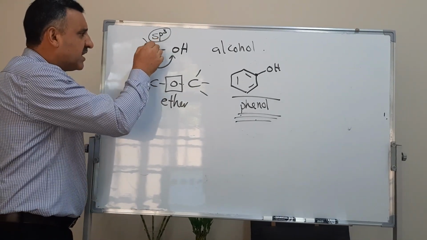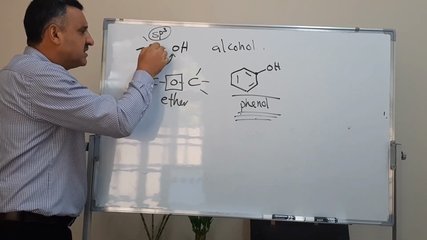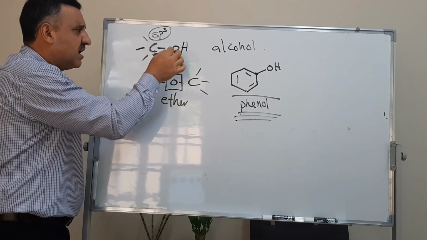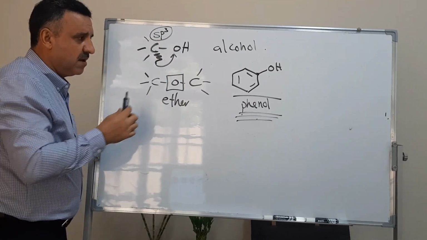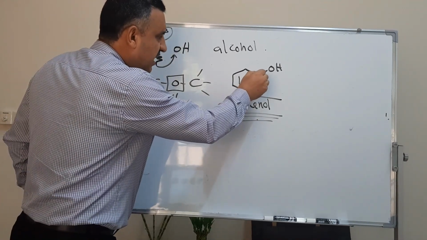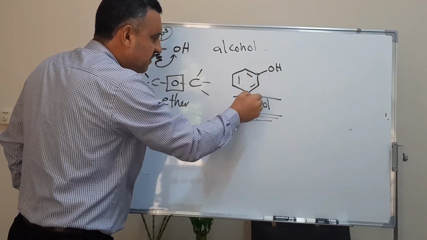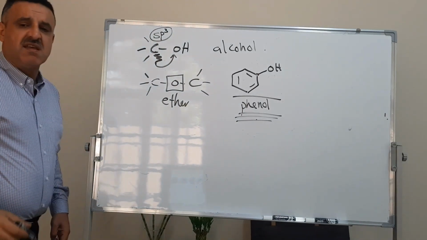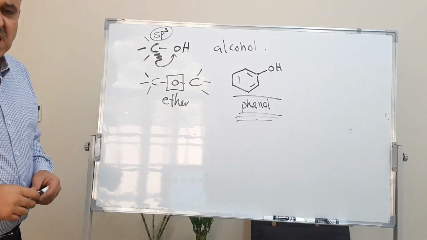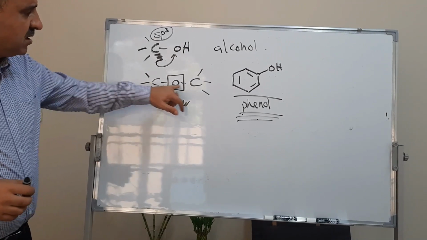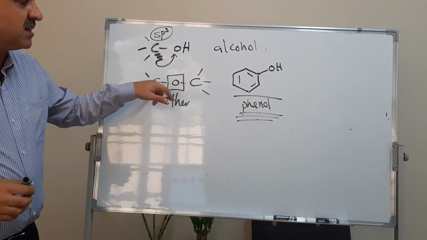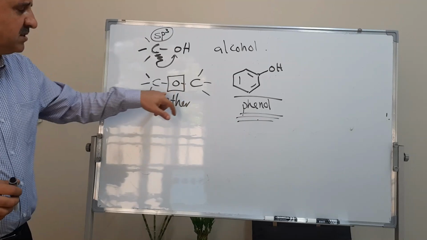So whatever the carbon is, as long as it is an sp3 hybridized carbon, we will call it alcohol if it is attached to OH. But if the carbon is attached to a benzene system, then we will call it phenol. It's not alcohol anymore.